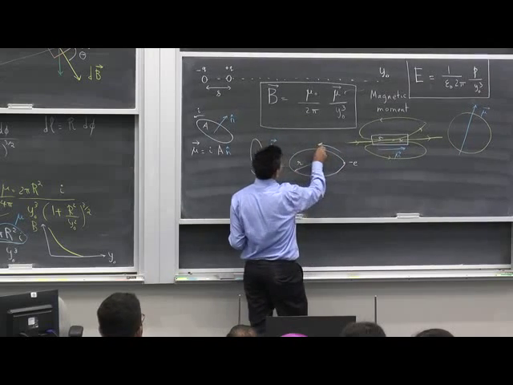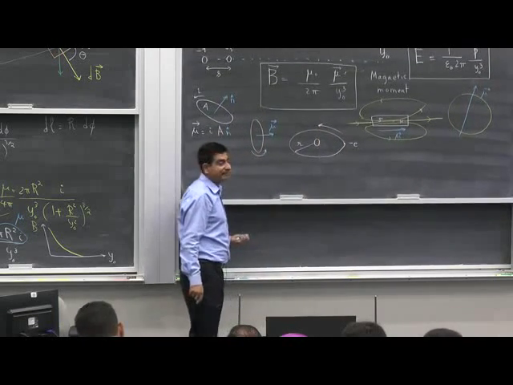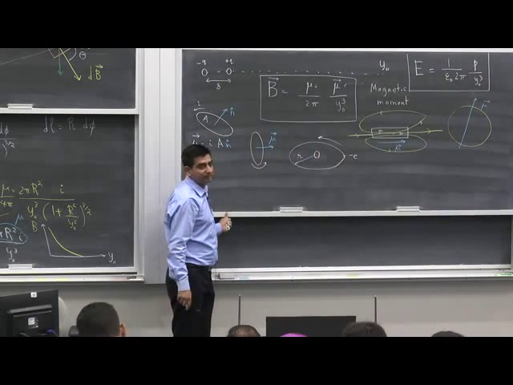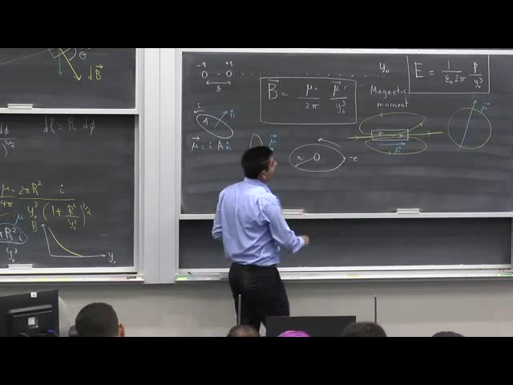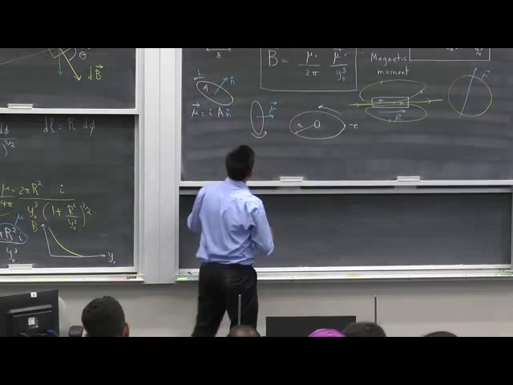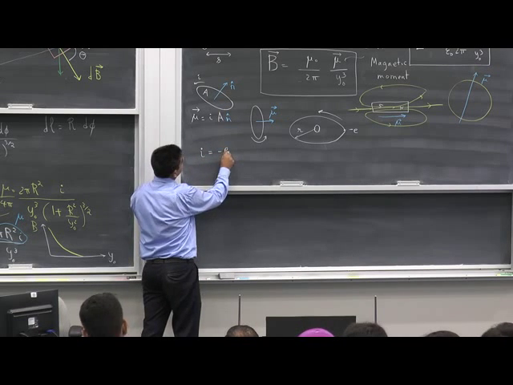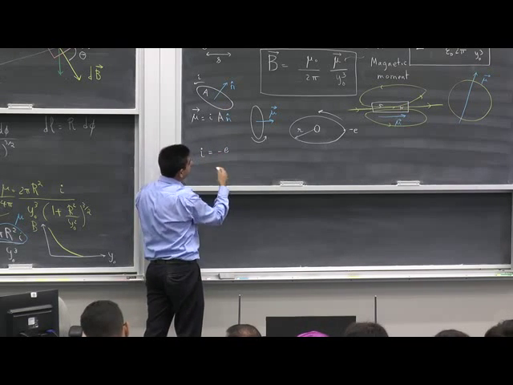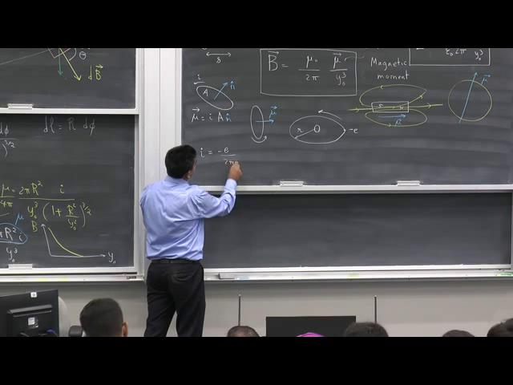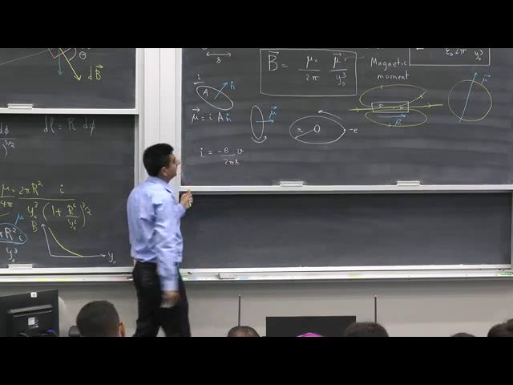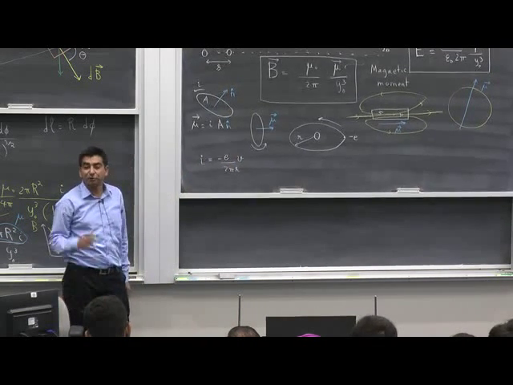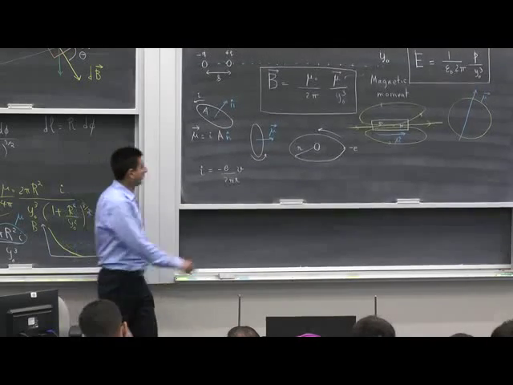Suppose the electron is going around like this, in this direction. Now, first of all, let's find out the current. The current is minus e divided by the time period, which is 2 pi r over v. This is the current due to this orbiting electron.